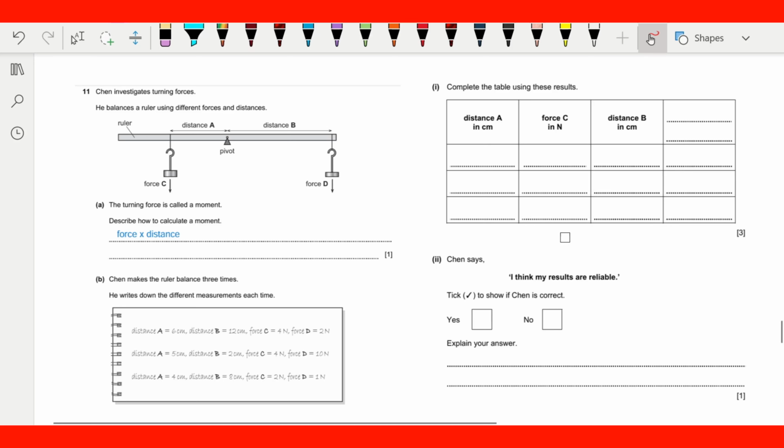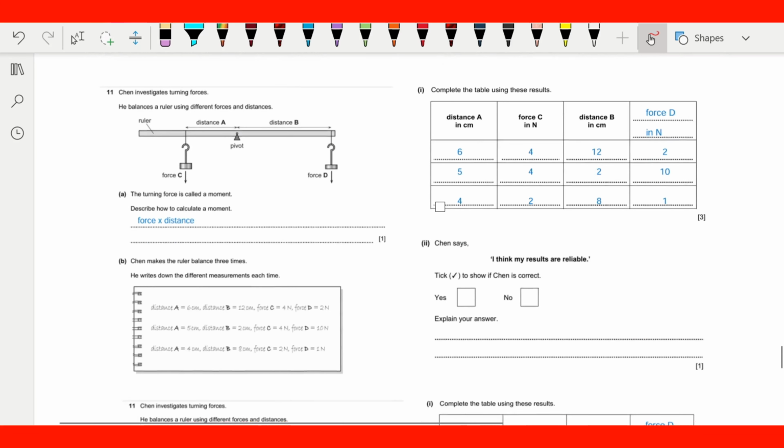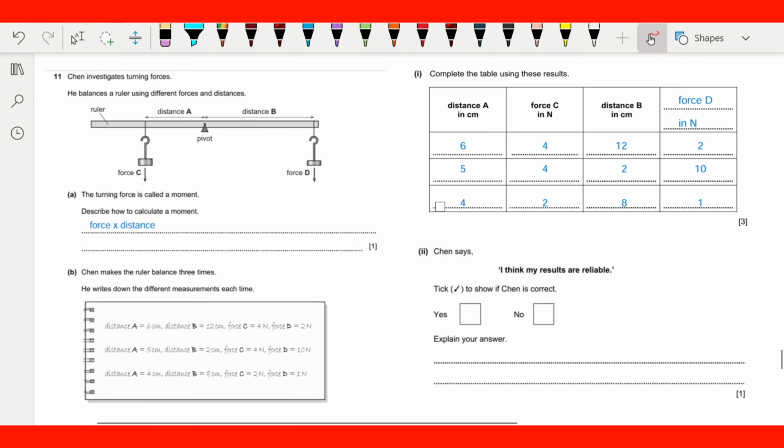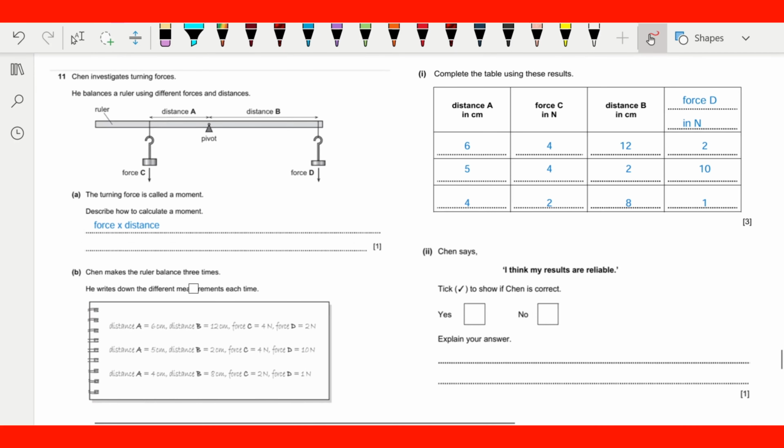If you need some more time, please pause this video. Let's check out the answer, guys. So it's here. In here we just collect the data. A is 6, then B is 12, force C is 4 Newtons, and force D is 2 Newtons.